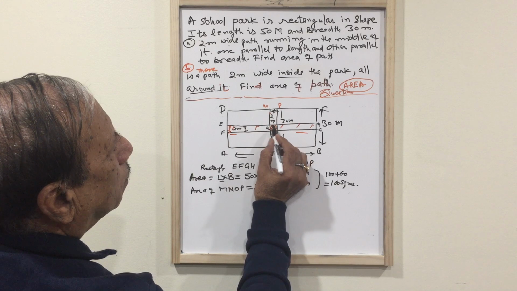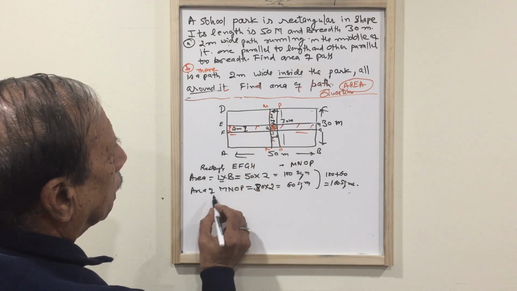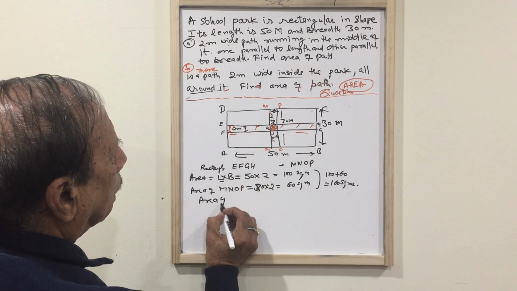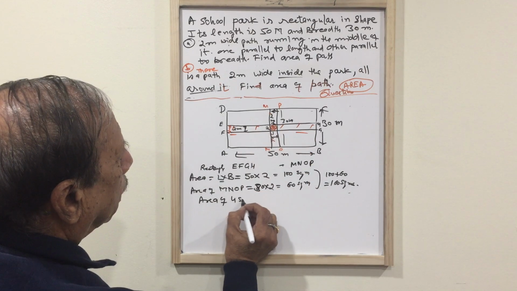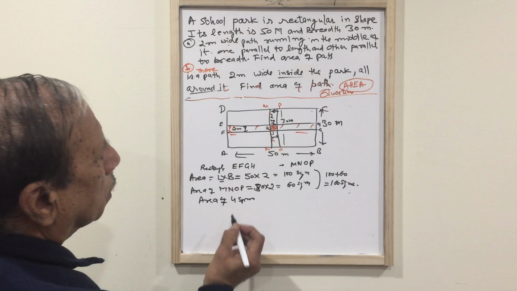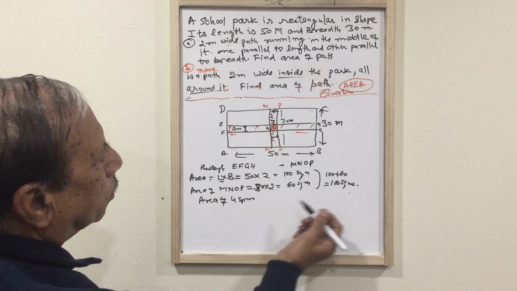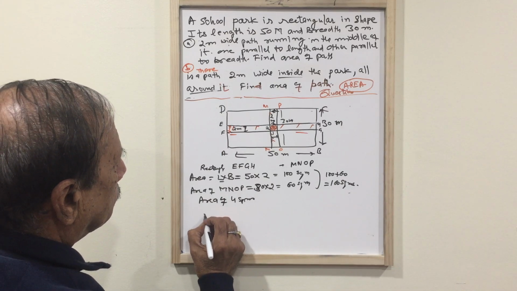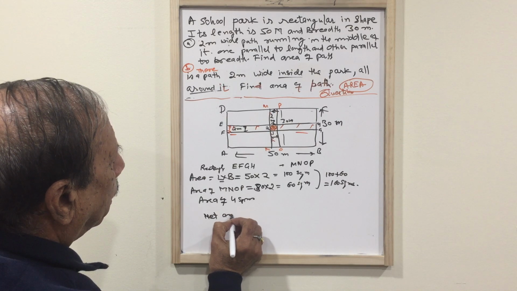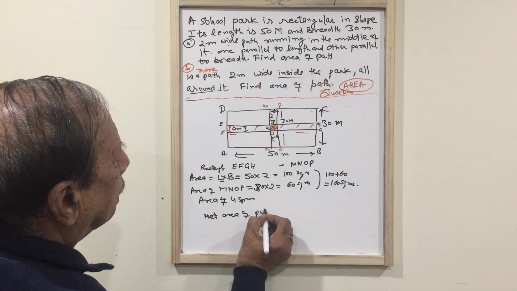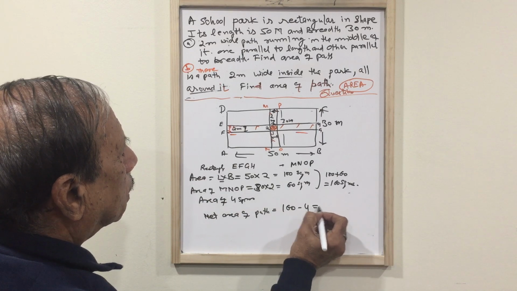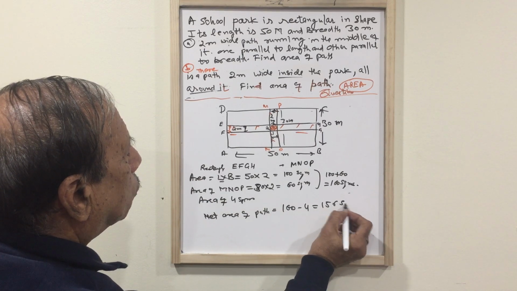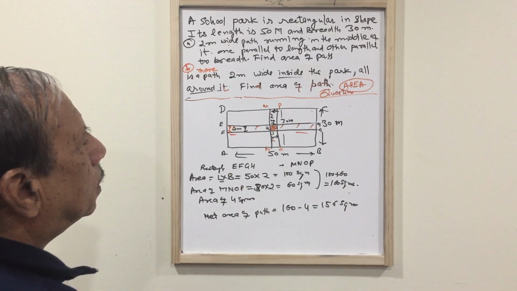It is 2 meters by 2 meters, so the area of this portion is 4 square meters. We subtract this from the total area. So the net area of the path is 160 minus 4 is equal to 150 square meters. So this is the area of the path.